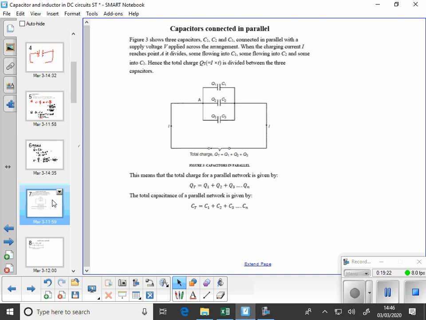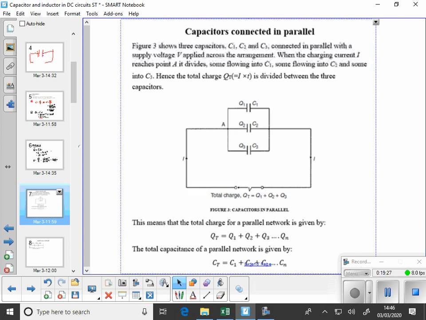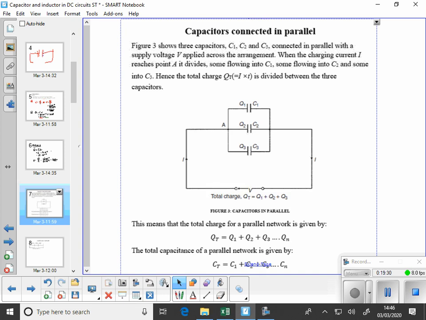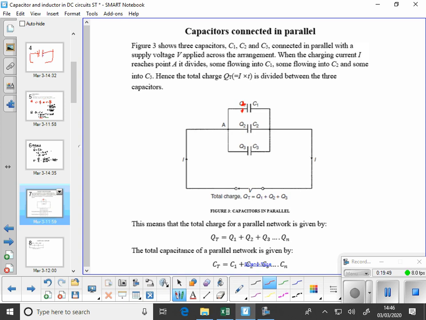So capacitors connected in parallel. If we connect capacitors in parallel, C1, C2 and C3, like we've got there, if you think about it charging up to a particular voltage, let's say 10 volts, we'd have the same number of charges on each of the positive plates because they're in parallel, so they're all going to get the same voltage.